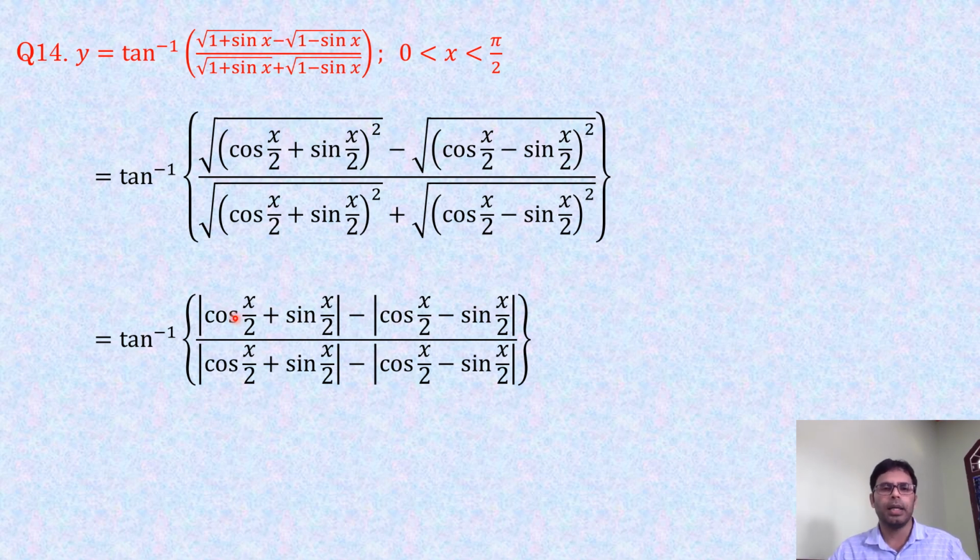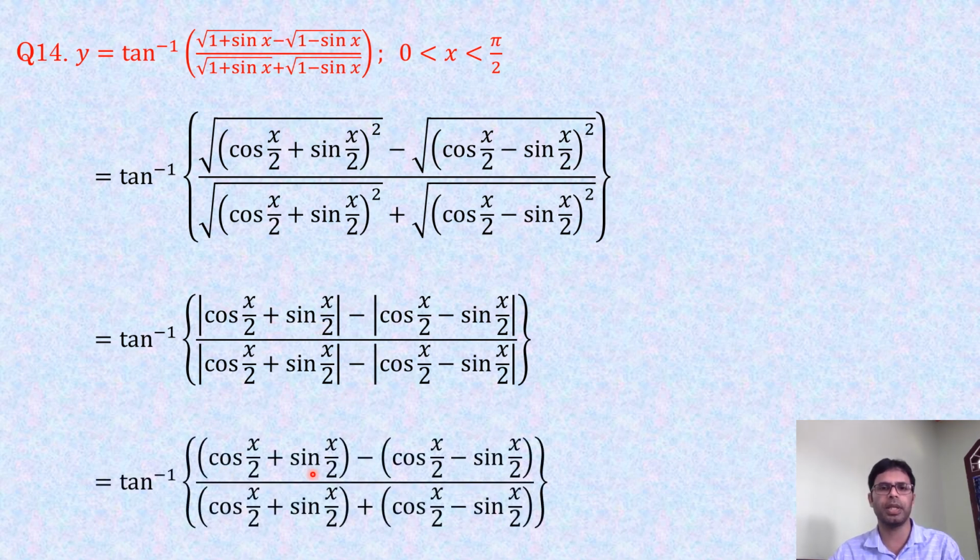And here cos x by 2, sin x by 2, both are positive numbers, so mod of a positive number is positive itself. And here the value of cos is greater than the value of sine, that means this entire term is a positive term, and mod of a positive term is itself.